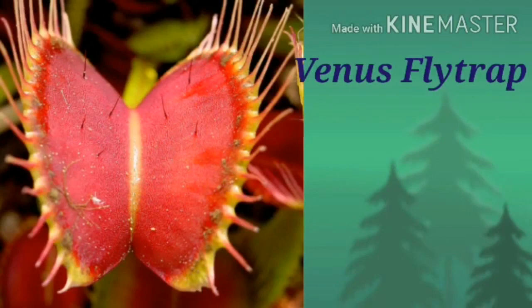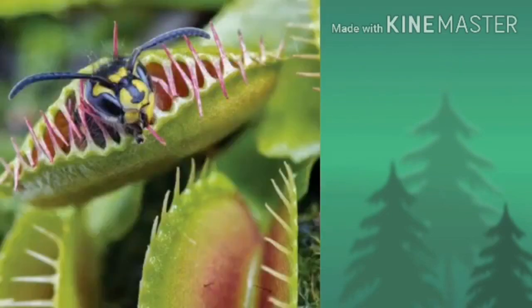Why do they eat insects? The soil where they grow is deficient, means insufficient in minerals. So, these plants trap insects to fulfill the requirement of minerals.